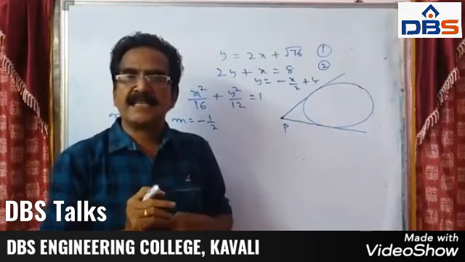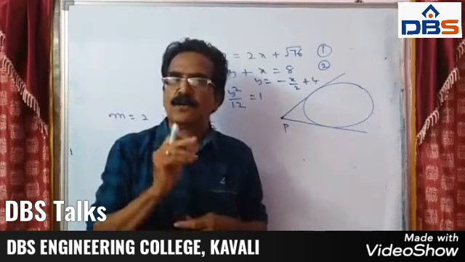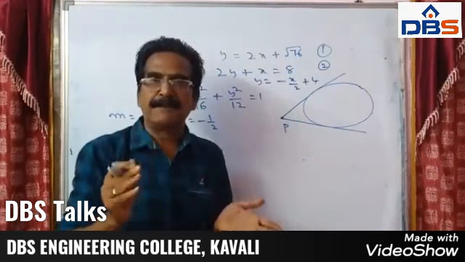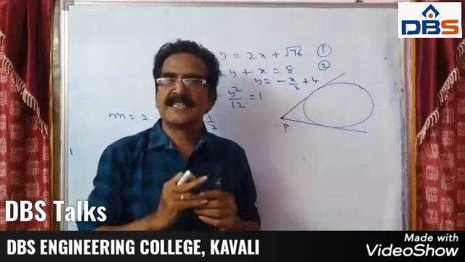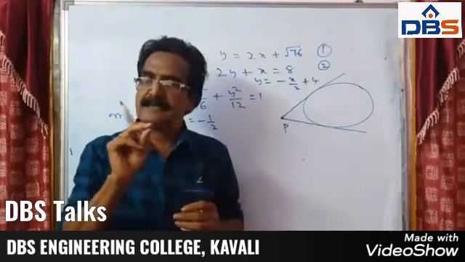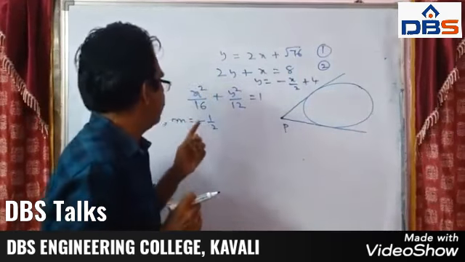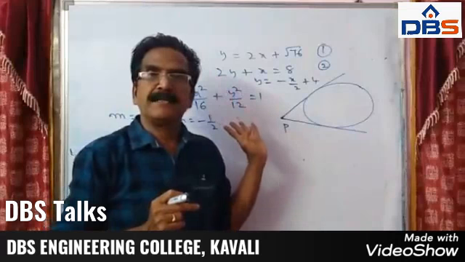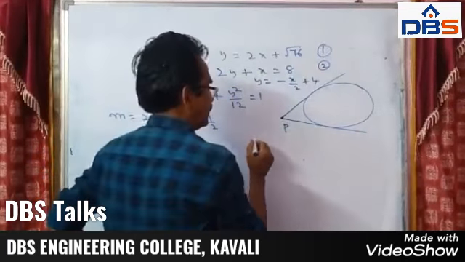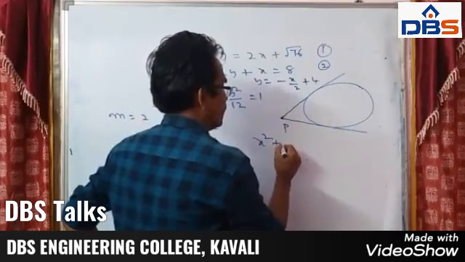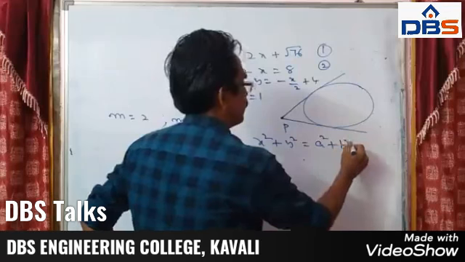In the case of a parabola we discussed this, and that director circle is nothing but the directrix. In the case of an ellipse, the director circle is x square plus y square is equal to a square plus b square.